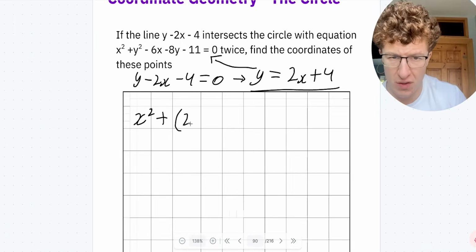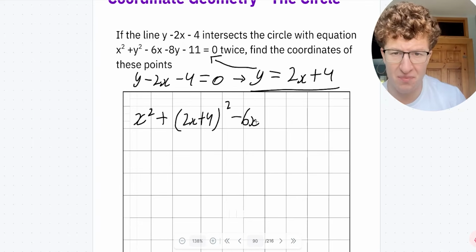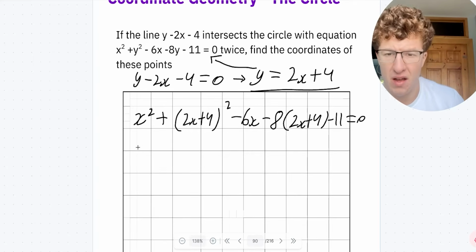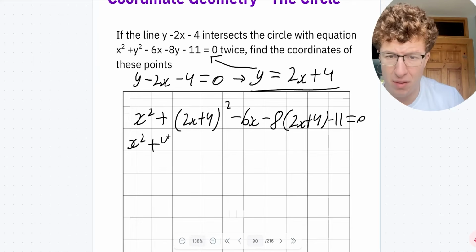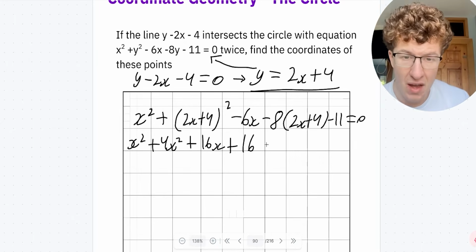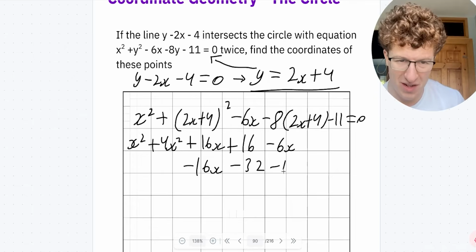Now we're going to change y for 2x plus 4, all squared, minus 6x minus 8 times 2x plus 4, minus 11 is equal to 0. Expand the brackets, we have x squared plus 4x squared plus 16x plus 16 minus 6x minus 16x minus 32 minus 11 equals 0.